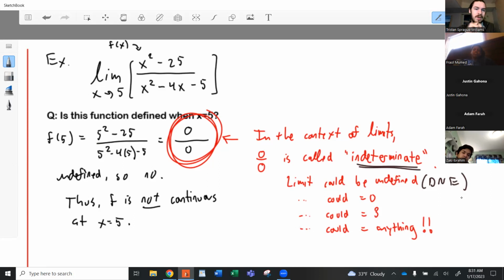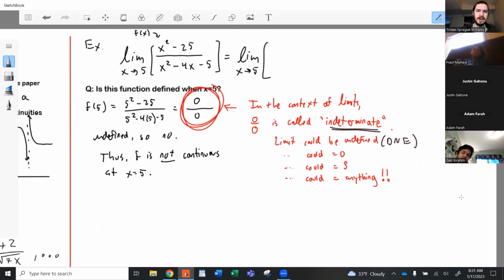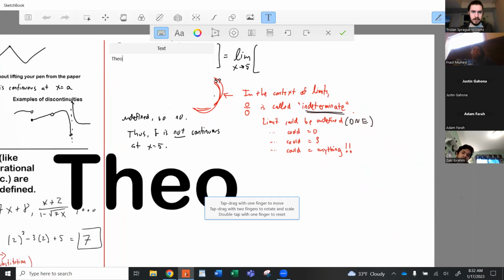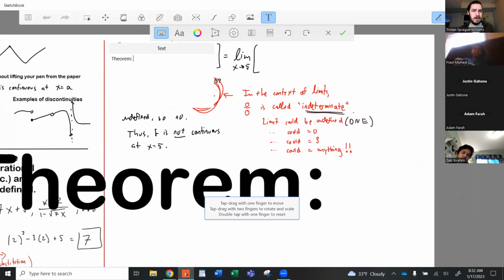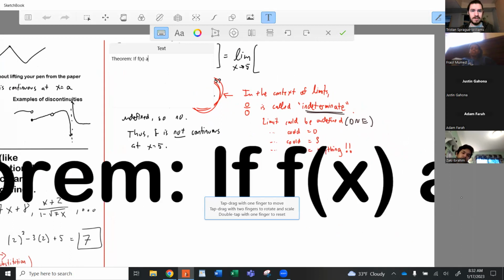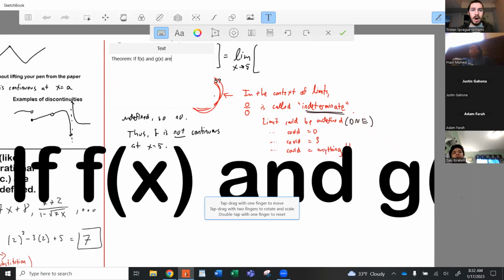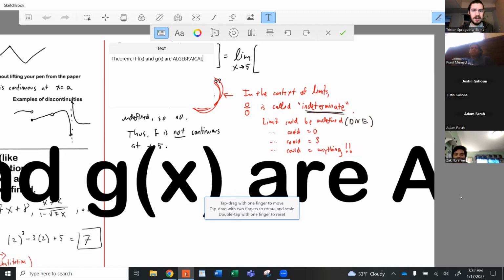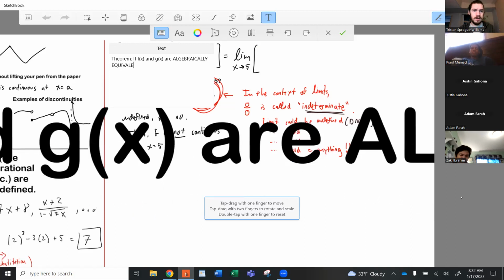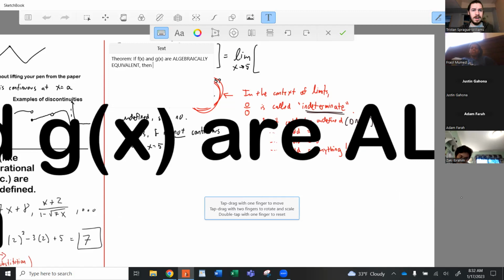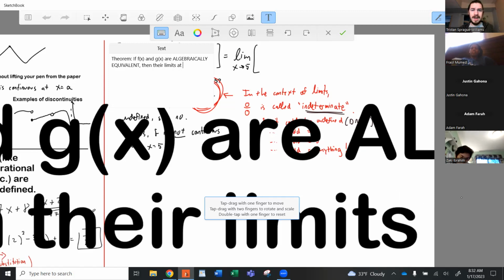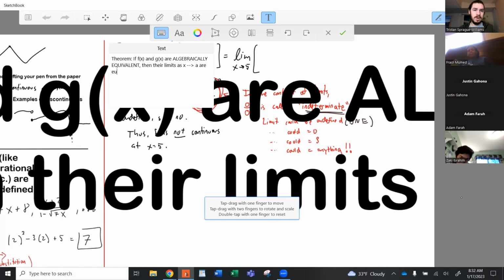So what can we do with this thing? Well, one thing that we can say for sure, and this is a theorem I'm going to put down here as well: if f of x and g of x are algebraically equivalent, then their limits as x approaches some a value are equal to one another.